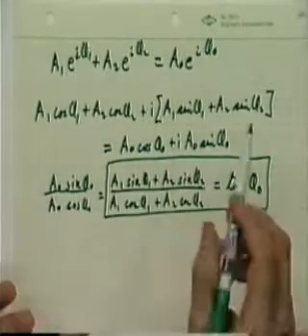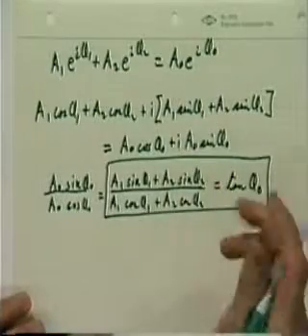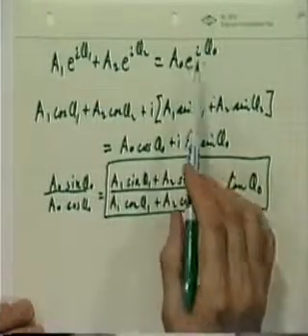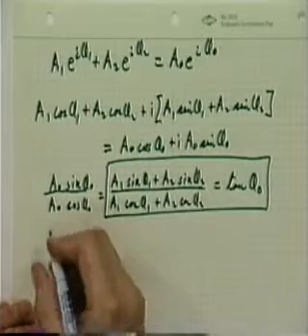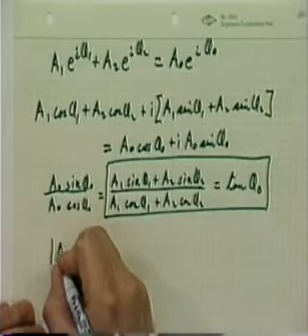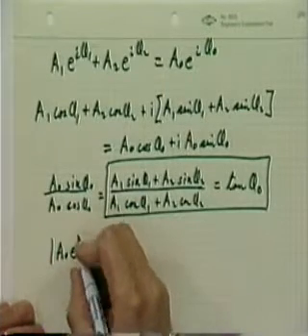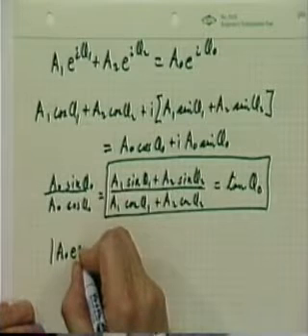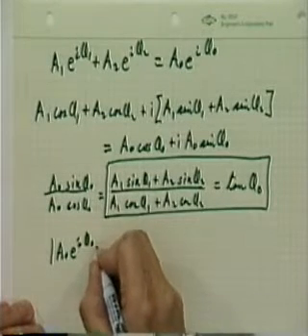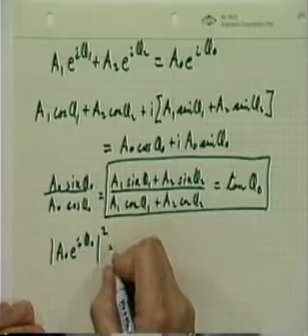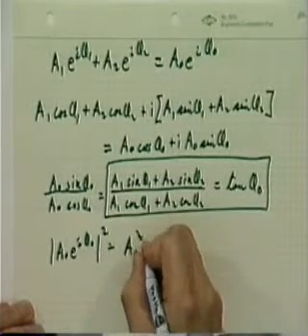Now we want to find the amplitude here. So let's square both sides. And so we have A naught e to the i phi naught, which we'll square. So that's just A naught squared.